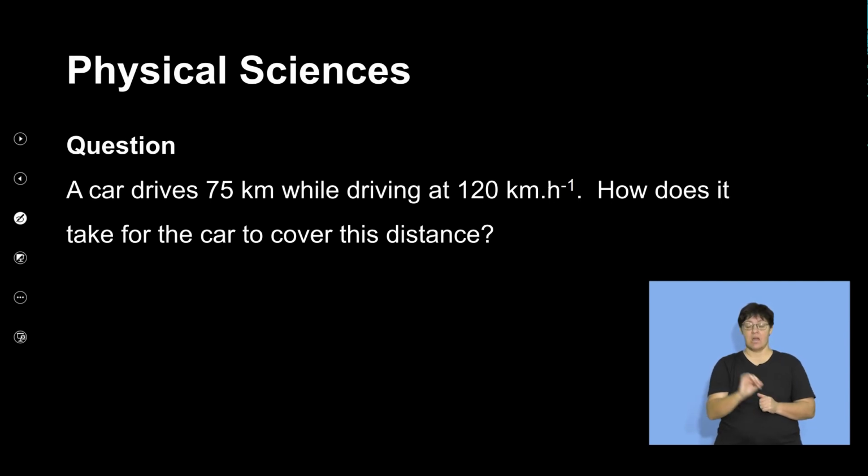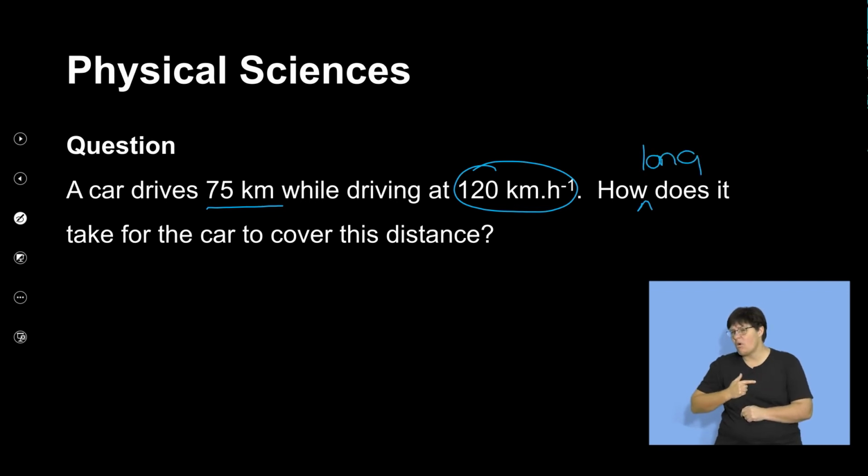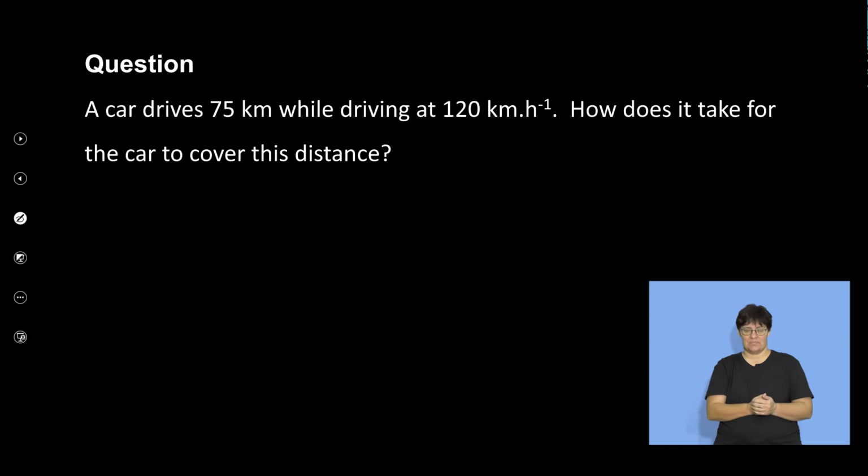So, a car drives 75 kilometers while driving at 120 kilometers per hour. That should say how long does it take for the car to cover this distance? How long? Time. So what do we know?